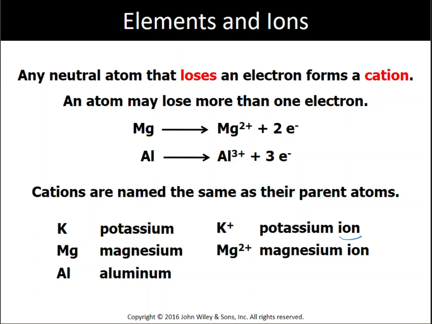When it loses electrons and forms a cation, it becomes aluminum ion. So it's very important that when you have a cation, you use the name of the metal followed by the word ion. Otherwise, what you're calling it does not represent a cation.